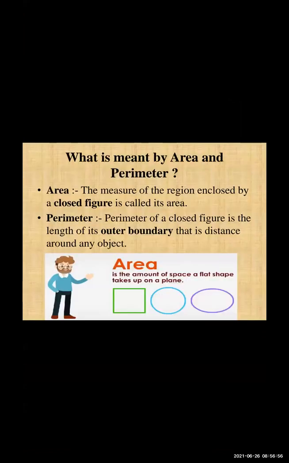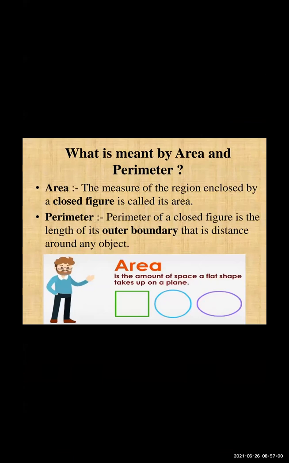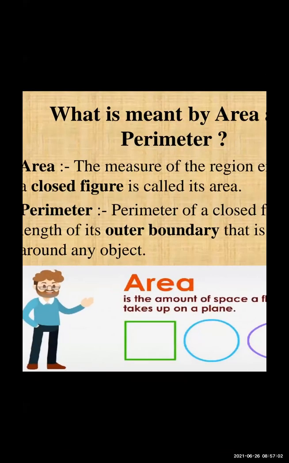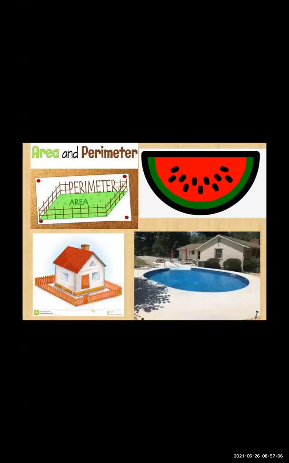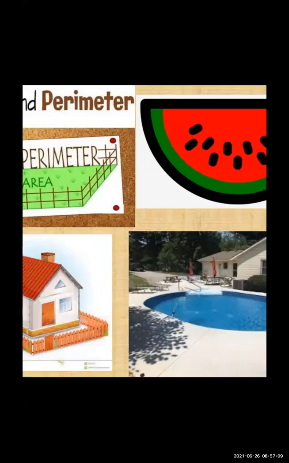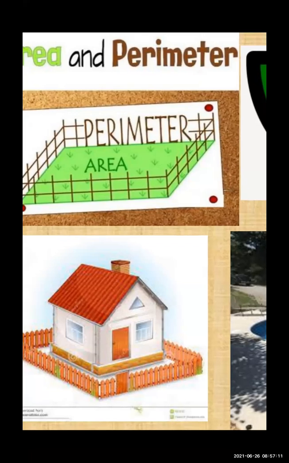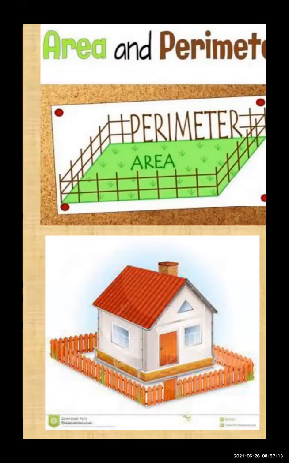Perimeter of a closed figure is the length of its outer boundary. That outer boundary is called the perimeter. So here a house is there, and its boundary is a fencing. That is your perimeter.